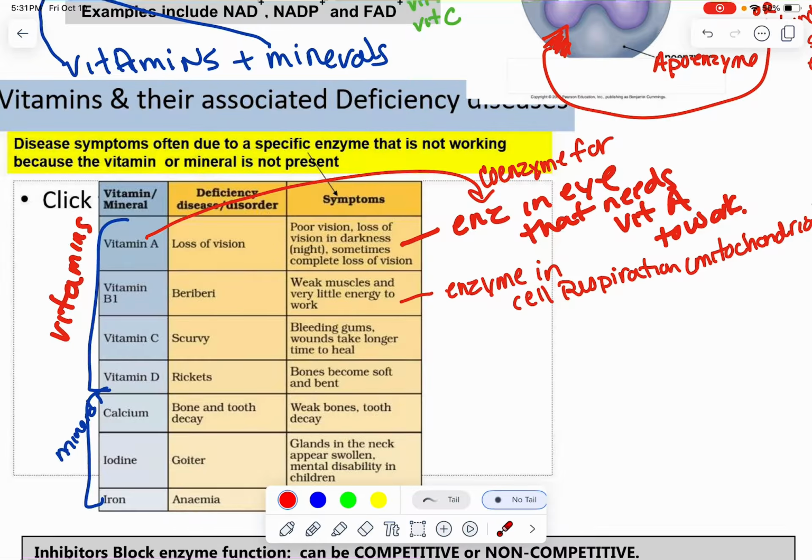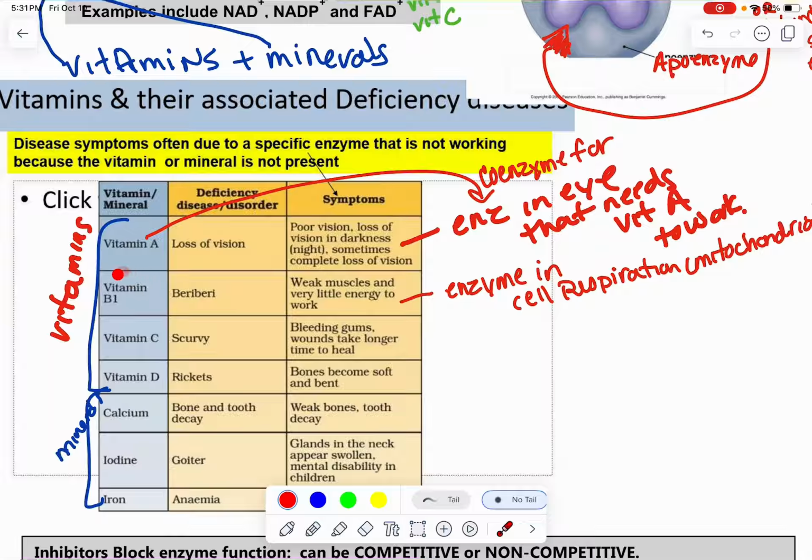But you can see that if you have a vitamin A deficiency, because it's helping an enzyme in the eye, obviously some enzyme in your eye is not working. So the symptoms you end up with are problems with vision, because there's an enzyme in the eye that's not working. You could look up for each vitamin what enzymes they help activate.